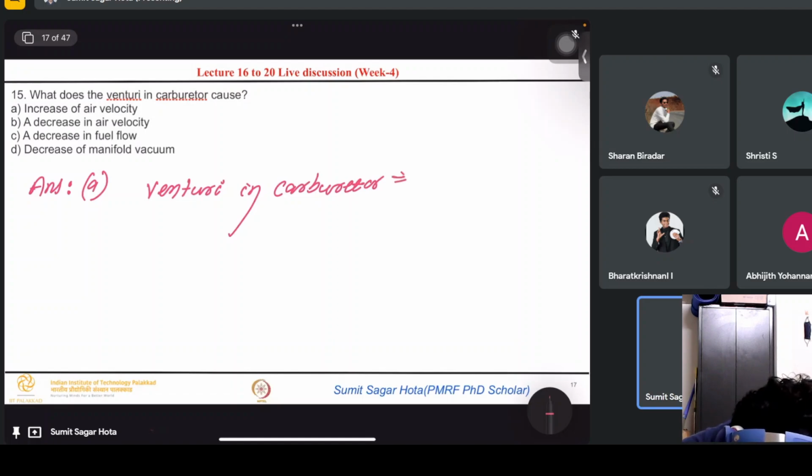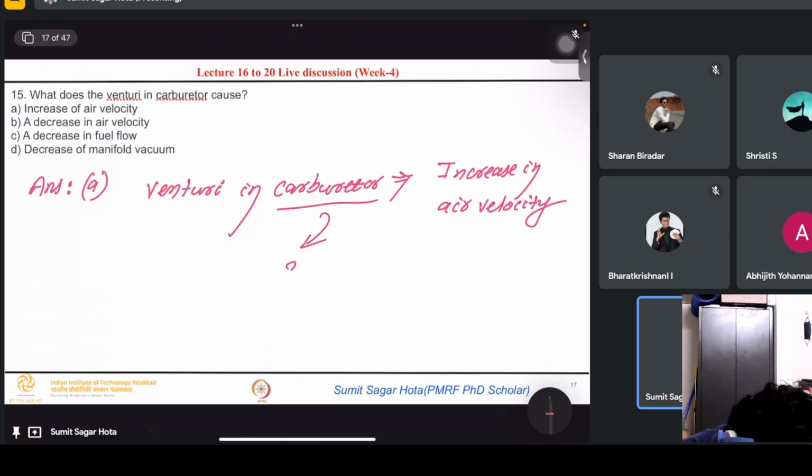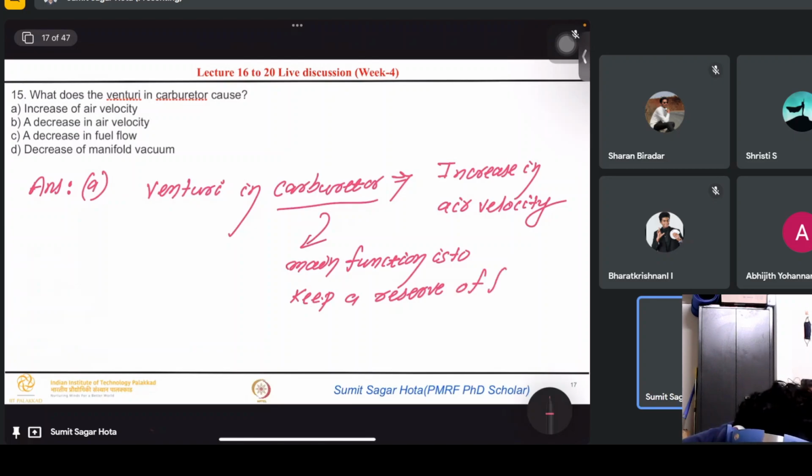Venturi in carburetor: increase in air velocity. And what is a carburetor? Its main function is to keep a reserve of fuel at constant head.